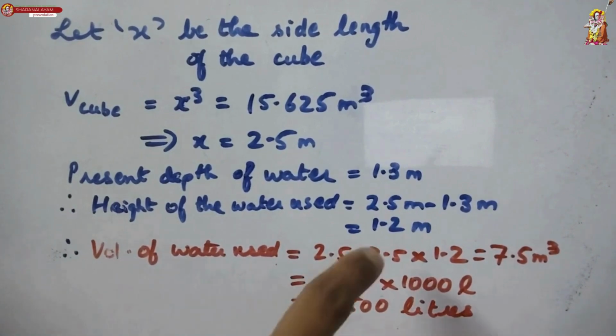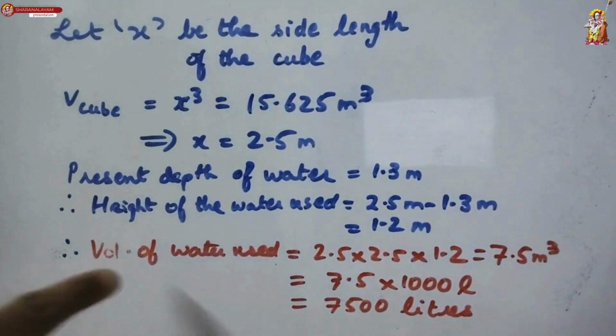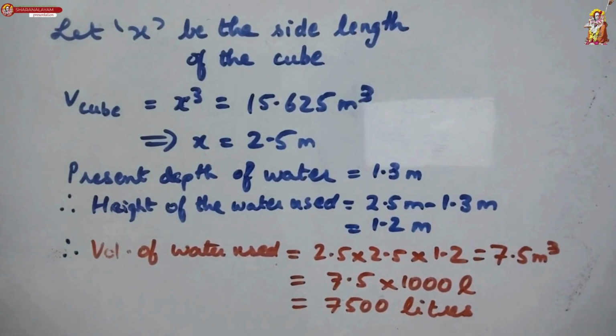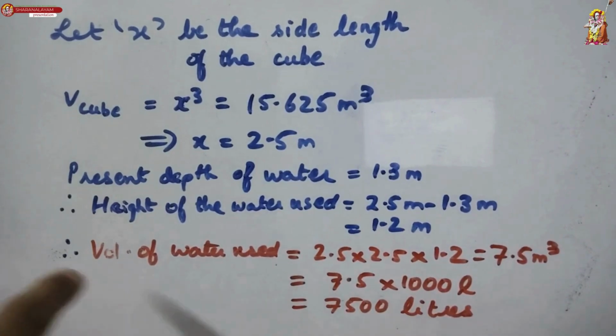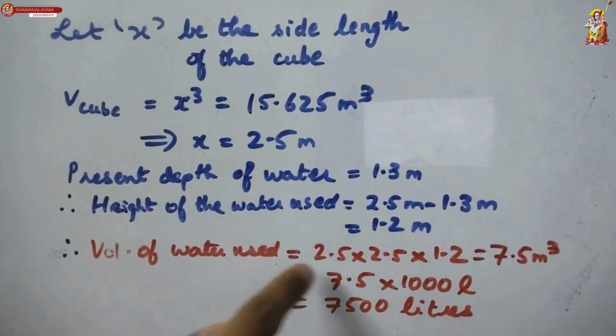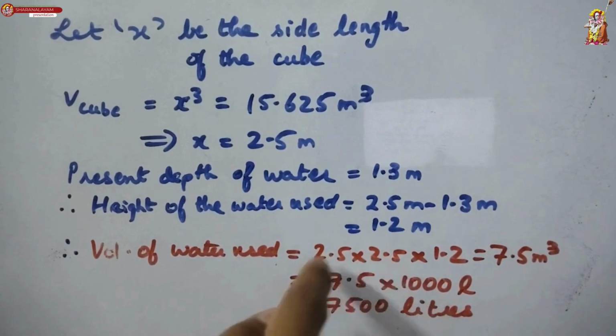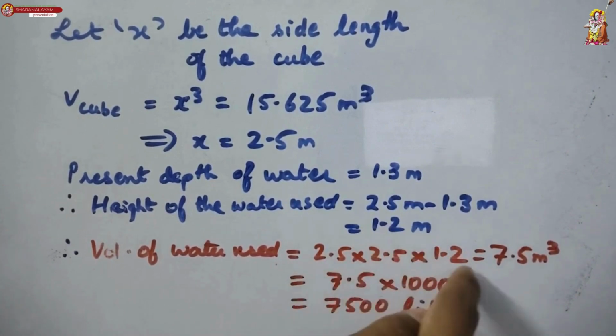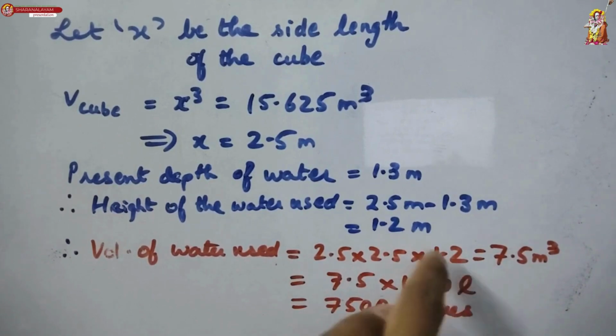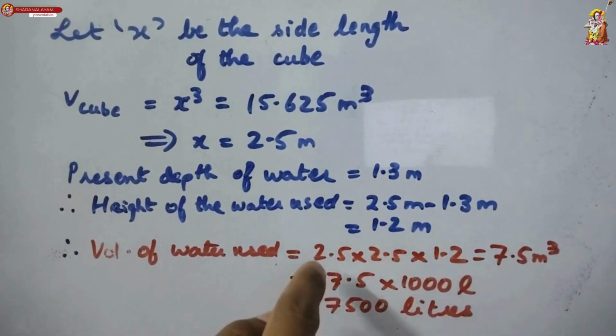Therefore, if this is the height of the water used, the volume of the water used will be, the length and breadth will be the same because only the height is decreasing. So, the volume of water used will be 2.5 into 2.5, the same length and same breadth, but now the depth will be 1.2. So, length into breadth into depth, 2.5 into 2.5 into 1.2, which is 7.5 meter cube.